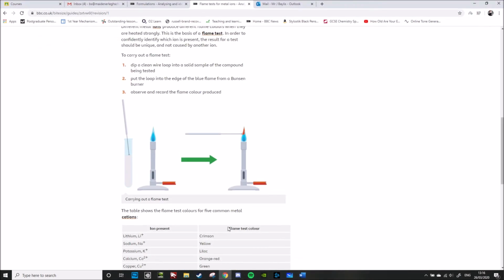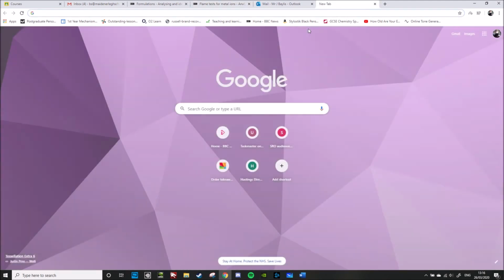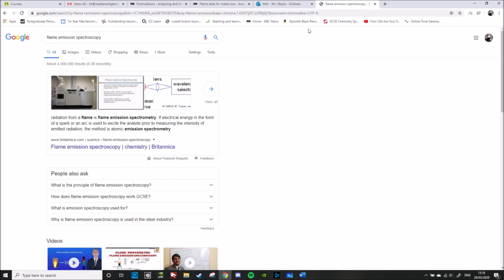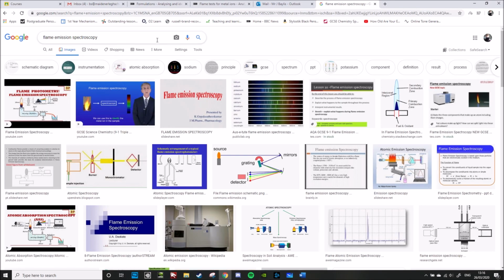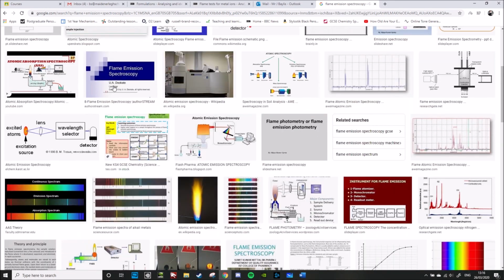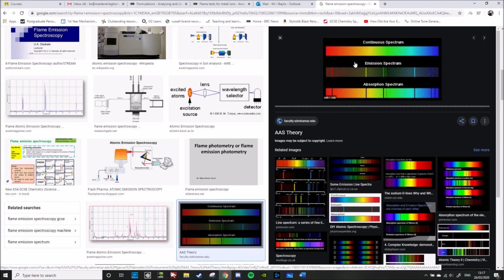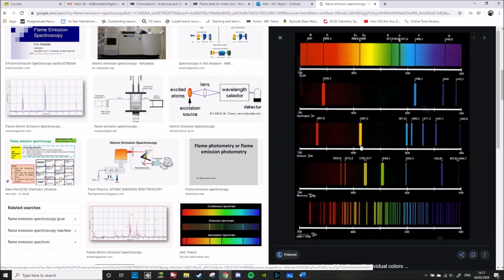Let's see if we can find one. Something like this. And you get lines that match up, and that's the key part you need to do, is to look at lines matching up, because if the lines match up, it is present.